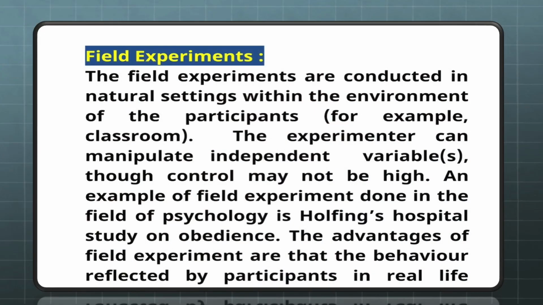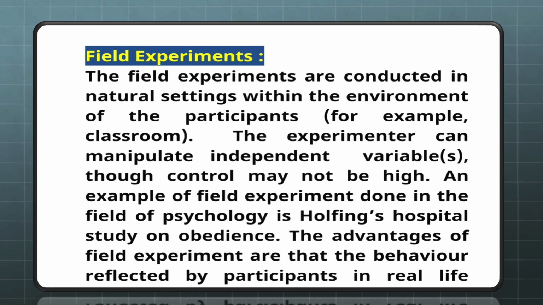Now, what are the methods which we use when we talk about non-experimental research? One is field experiments. We do experiments in the field. When you say that we are doing research with the experimental method, we do it in the laboratory in controlled conditions. Now, field experiment means experiments in the field.